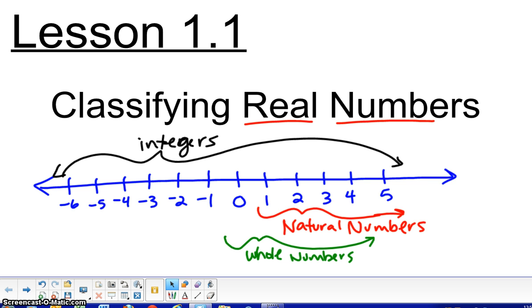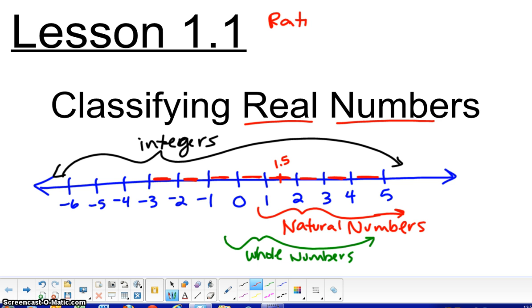Okay, so now what's happening in between every single one of these spots? There's an infinite amount of numbers between every integer. So we classify those as well. Anything that you can make a decimal or a fraction, for example 1.5, that's going to be a rational number.